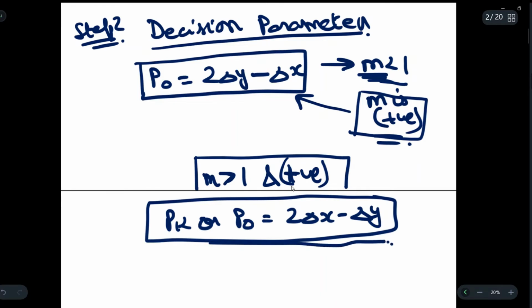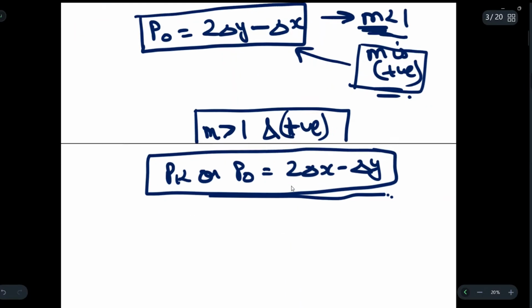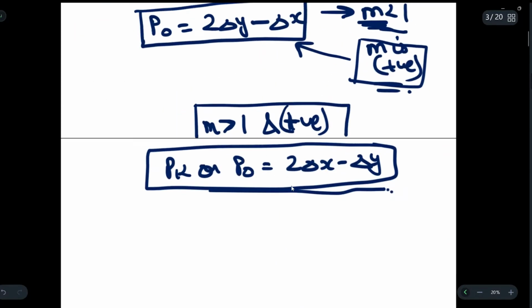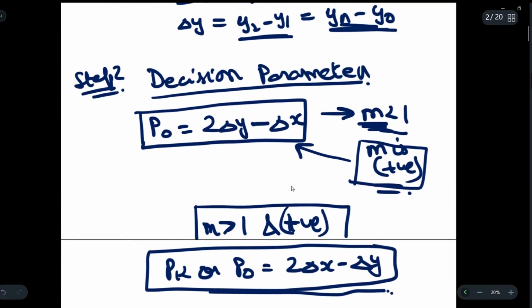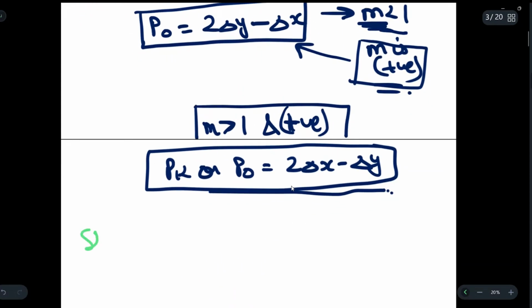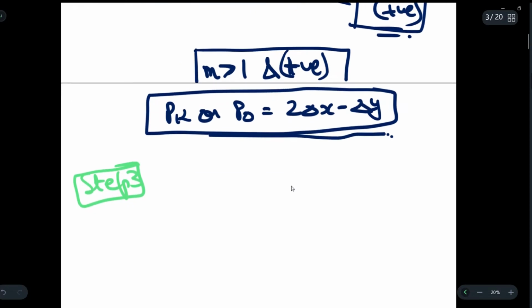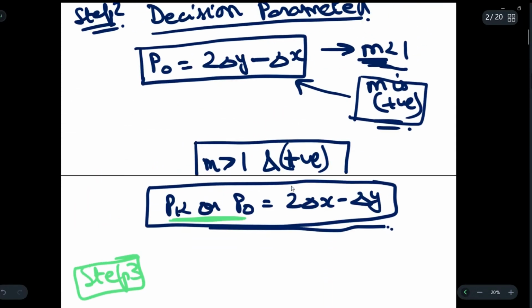Now let us discuss step 3. Now that we have found our decision parameter, that is p0 or pk, in this particular algorithm we will only be considering the case where m is less than 1 and m is positive.